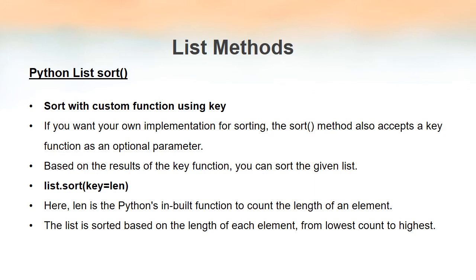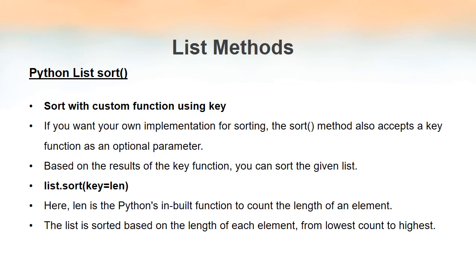Similarly, if you want to sort the list by using any custom function, you have to use the parameter key. The sort method can take a maximum of two parameters. One is key and one is reverse. They are optional actually, and we saw how to use the reverse parameter in the previous example.